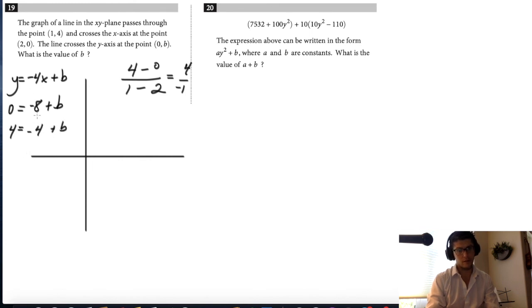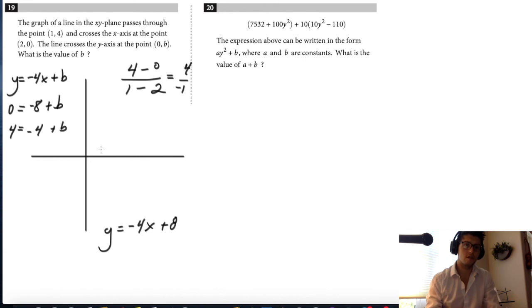Still plus b. So this is the same thing with different points. And this will also give us b equals 8. So that's the final form of our equation, y equals negative 4x plus 8.